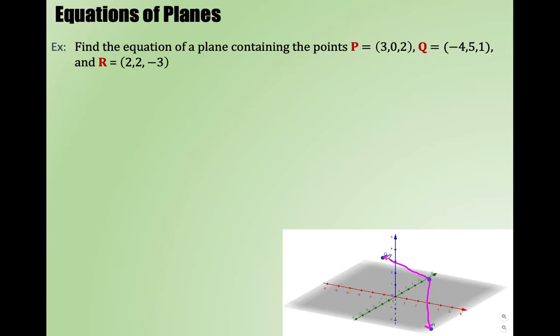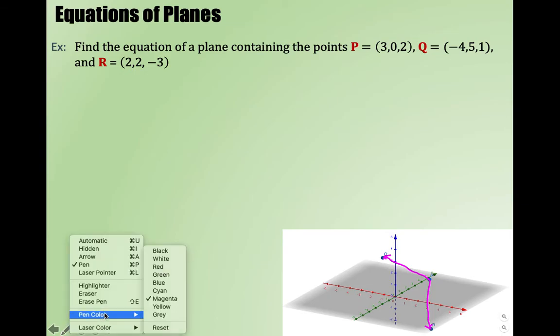So what I want with these 2 vectors, I want the plane that contains these 2 vectors. But again, there's an infinite amount of planes that contain, right? Well, I mean, these 3, there's only one, but I want to write the equation of it, right? It takes 3 non-collinear points to determine a plane.